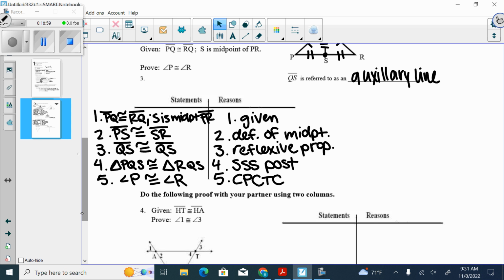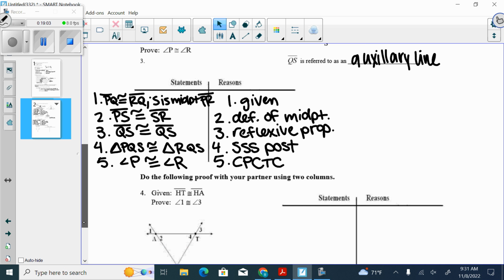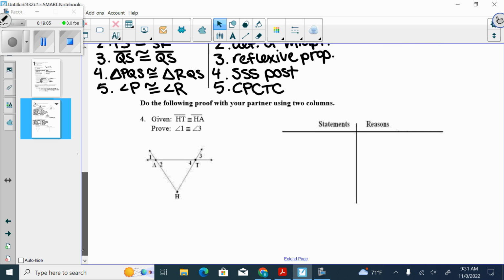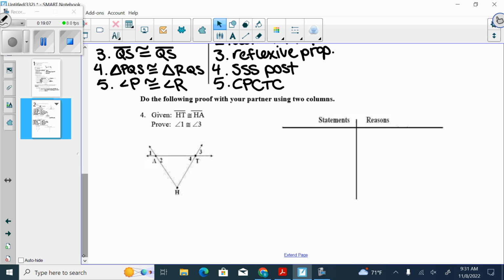Alright. Now for this last one, I want to make sure that you guys have a few minutes to work on the assignment. So I know it says to do with your partner, but we're going to go ahead and just do it together, okay? So it says do the following proof with your partner, but it starts out with a given and a proof. Okay, this picture, do we have two triangles in this picture? Okay, so we must not be proving that two triangles are congruent here.